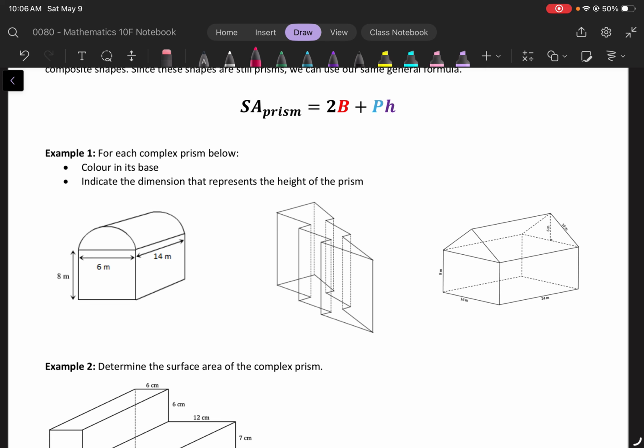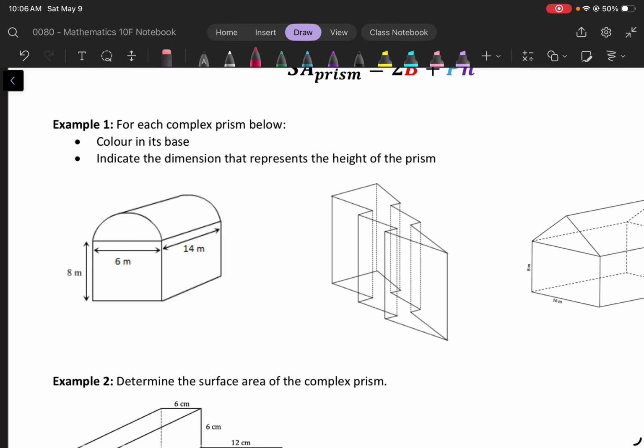Because if we remember, not only are our bases identical and parallel, but all of our lateral faces, all of our side faces of our prism, if we were to unravel them or unwrap them, we would end up with one large rectangle.